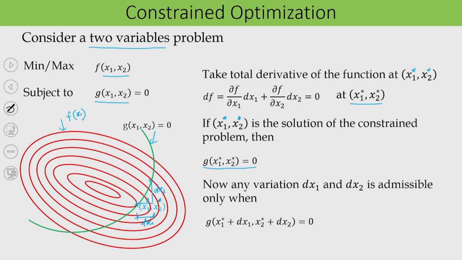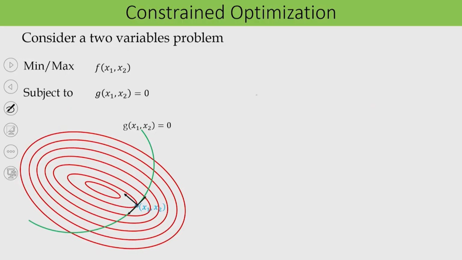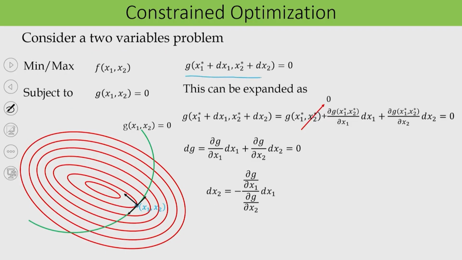At that point, the value of g should be equal to 0. Therefore, I can write that g at x1 star plus dx1, x2 star plus dx2 should be equal to 0.